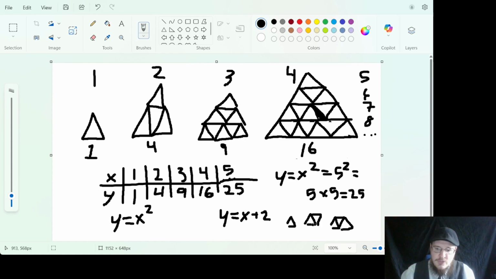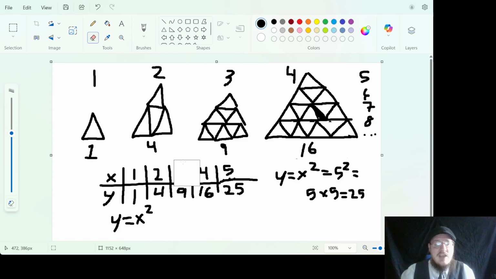We have 1, 2, 3, 4, 5. Now we got 1, 2, 3, 4, 5, 6, 7. We're just adding on 2 each time. So you can still create equations for your geometric patterns, but then you have to make sure that you expressly state in that written rule what the values in that equation are referring to. Okay?